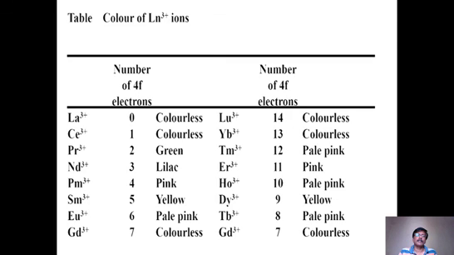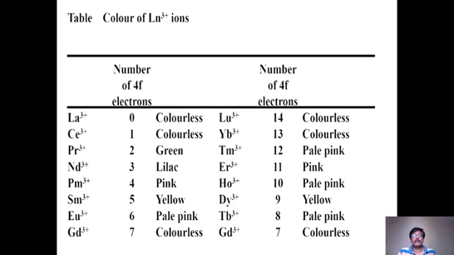Like praseodymium, neodymium, promethium, samarium, gadolinium. If you take gadolinium again, the seven electrons are all single electrons, and it looks colorless because f-f transitions are not possible.